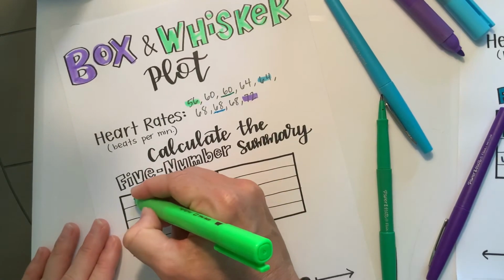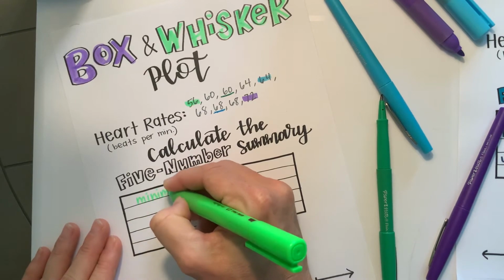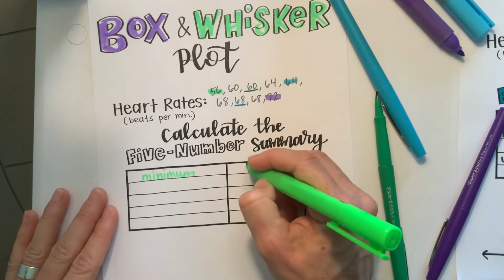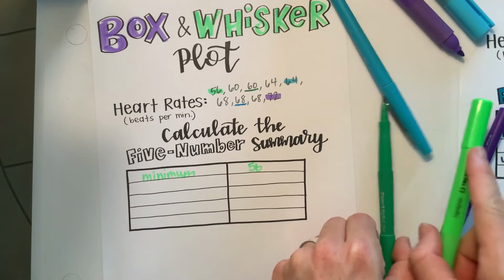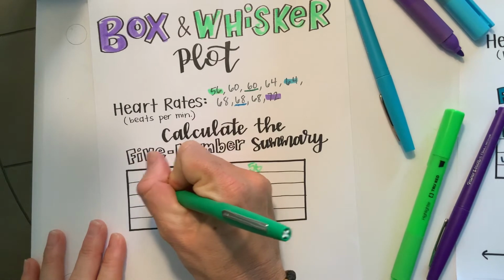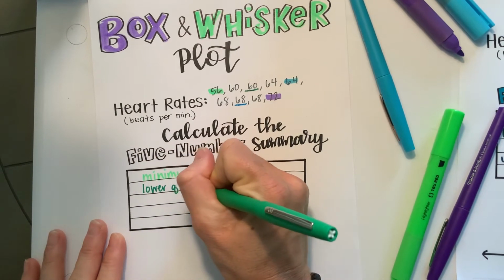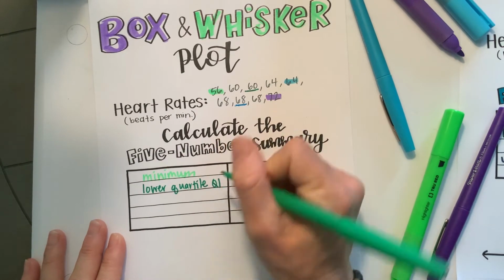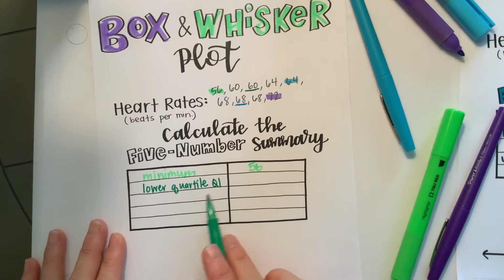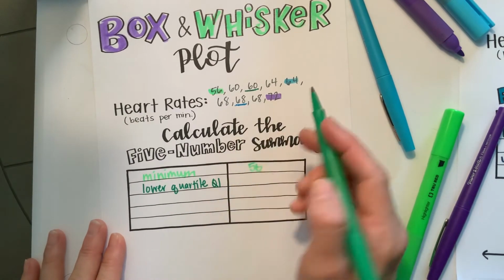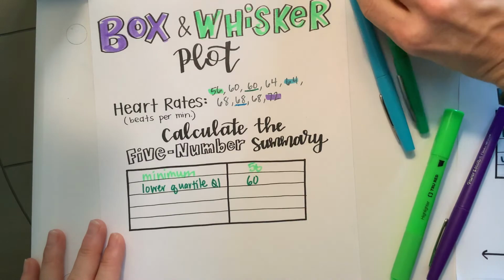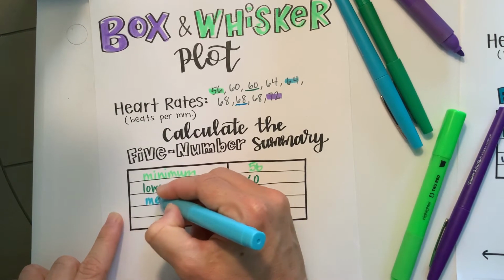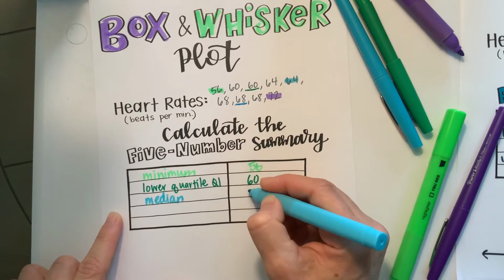I want to know what my minimum is. My minimum is 56. And then what is my lower quartile? I can call that Q1 or quartile 1, and that value I can see is 60. Then I have my median, which is 64.